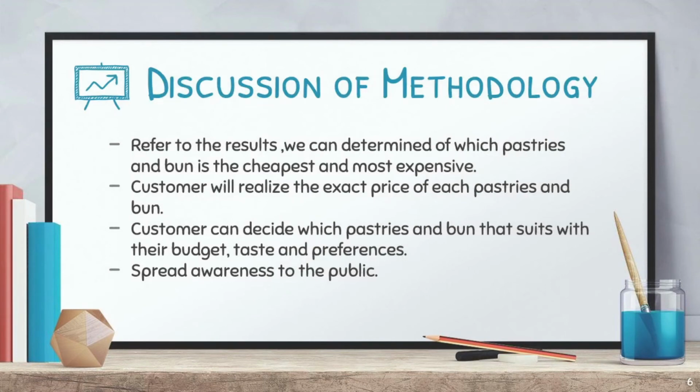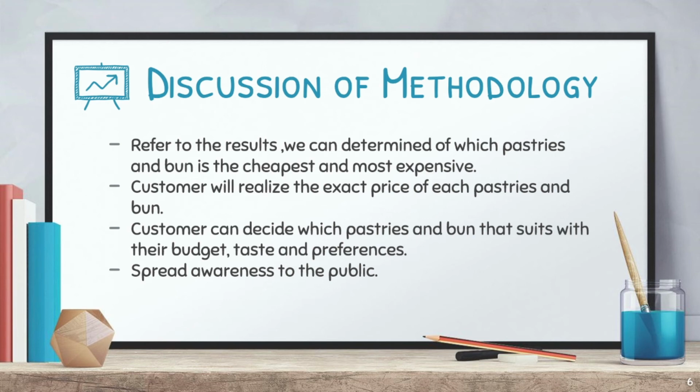In conclusion, after discussing and concluding the result of which pastry and bun is the cheapest and most expensive, the customer will realize the exact price of each pastry and bun when they arrive at the shop. This will show that the customer will not be cheated by the seller since they made their own calculation earlier.